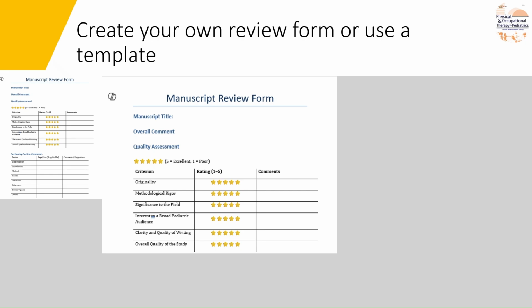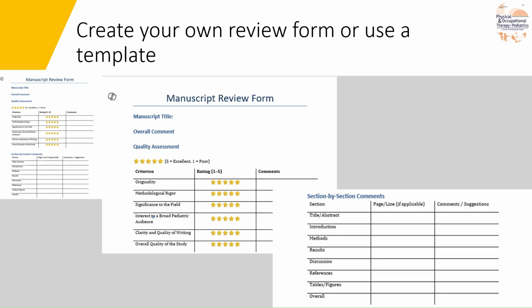And then I could also put in some comments. This is just a quality assessment of the overall manuscript. Those stars, I think, visually give a really good representation to authors of where they should focus a little bit more. And then I go much more in depth into section by section comments.